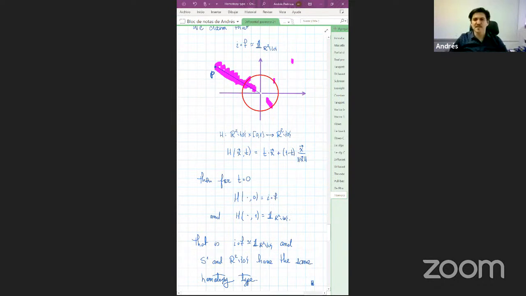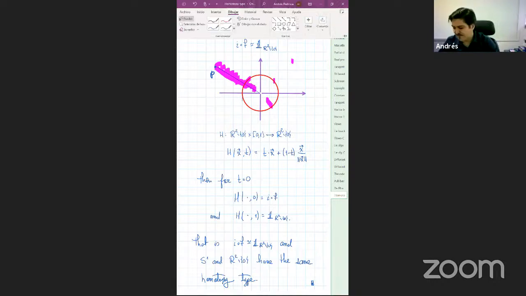That's the homotopy that we are describing there. Notice that if I put the origin, there's no way to make that function continuous. Forget about smoothness. There's no way of doing that in a continuous manner.